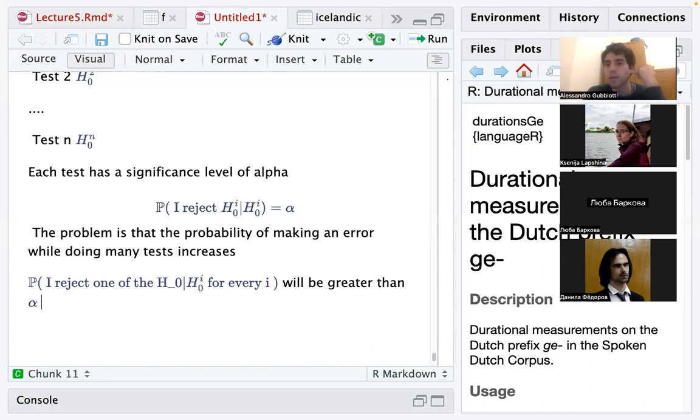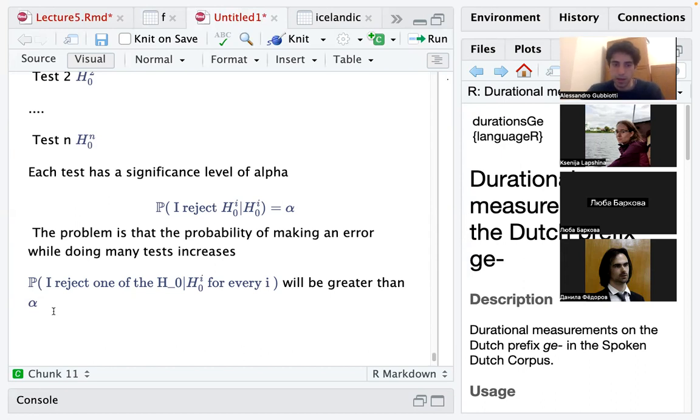There are 10 of them, and we don't really want to accuse one of doing something which he didn't do. So we want the probability that we make an error on the overall quantity of tests to be smaller than alpha.